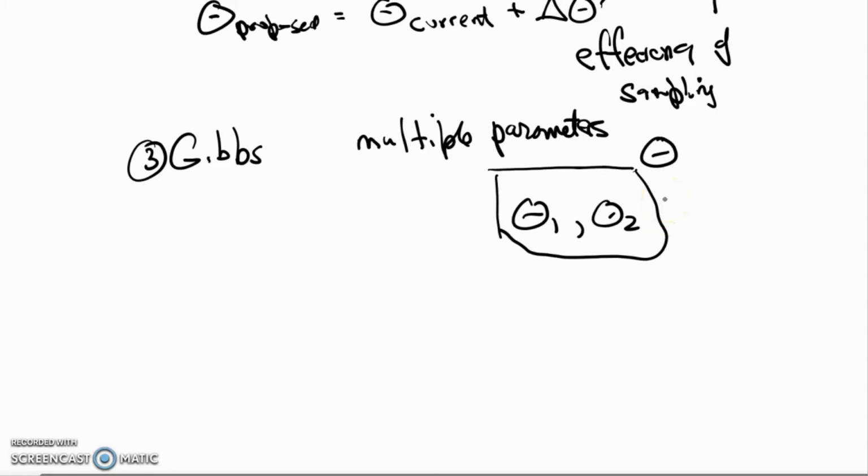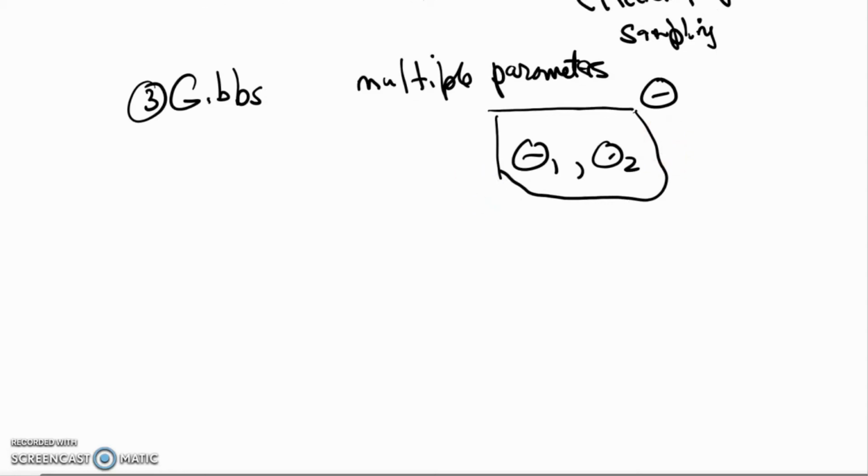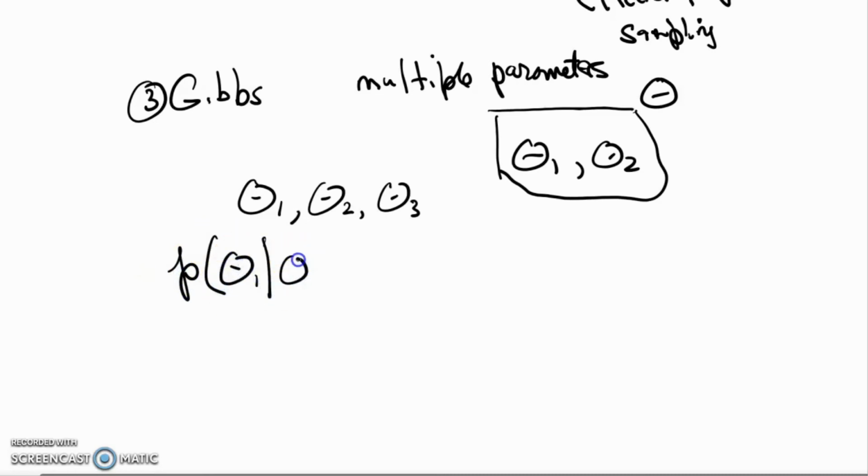Now, the example we went over in the last video assumed that we were interested in the joint distribution of 3 parameters, theta 1, theta 2, and theta 3, and we began with the assumption that it was possible to calculate the probability of theta 1 given theta 2, theta 3, and the data.